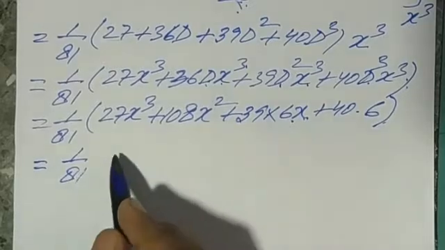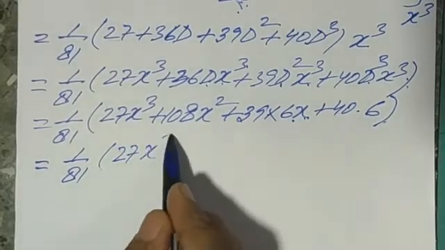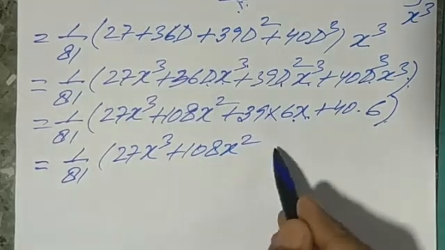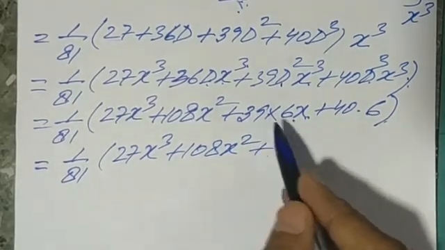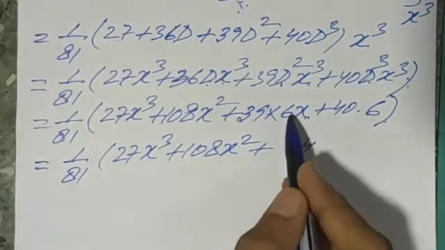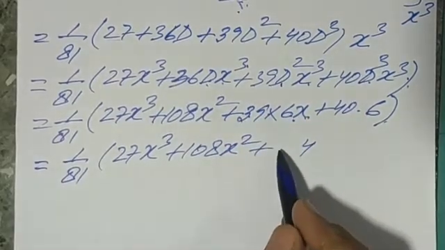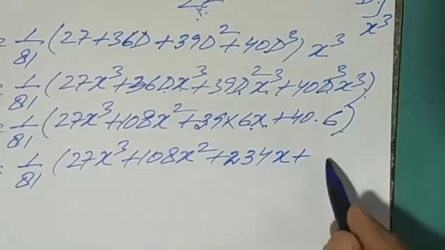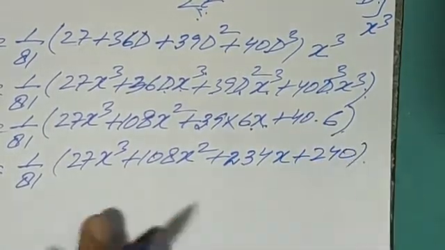1 upon 81, 27x cube plus 108 x square plus 6 9s are 54, 5 carry over, 6 3s are 18 and 5, 23 x plus 6 4s are 24, 240.